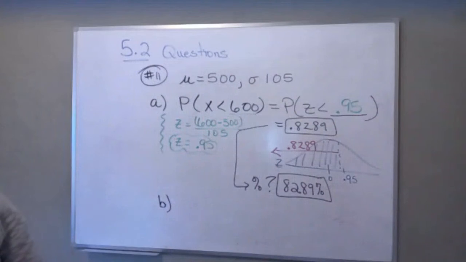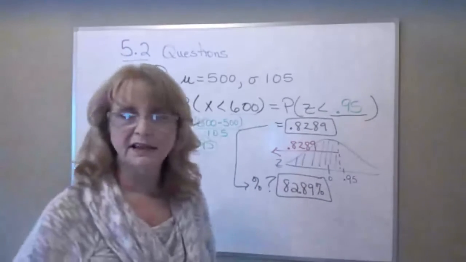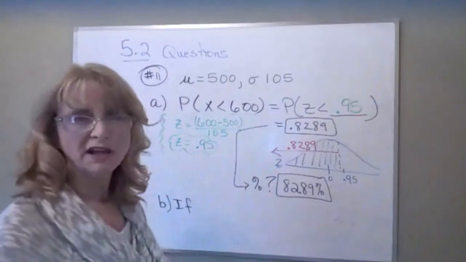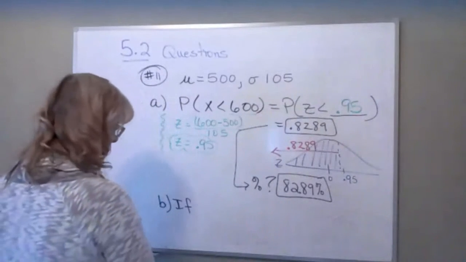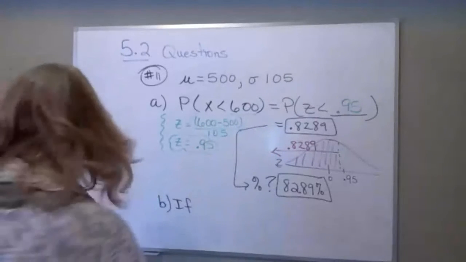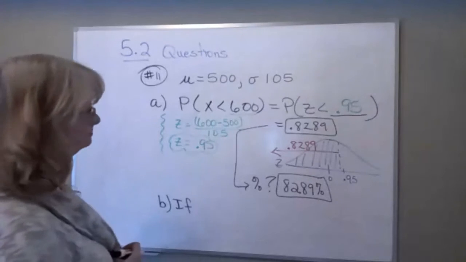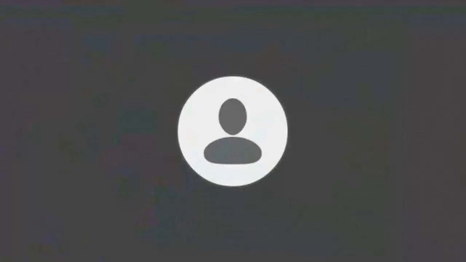The B part says, how many does it say? If how many? It says if, mine says 1,000. How many does yours say? 1,000 on what? For the B part, what does the question say? It says, hold on. It says you would expect approximately blank SAT verbal scores would be greater than 575.